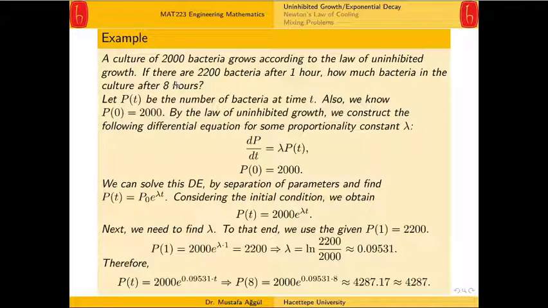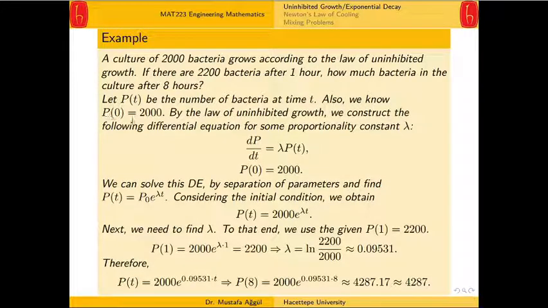Now, let's see this phenomenon in an example. A culture of 2000 bacteria grows according to the law of uninhibited growth. If there are 2200 bacteria after an hour, how many bacteria are in the culture after 8 hours? Let P(t) be the number of bacteria at time t.